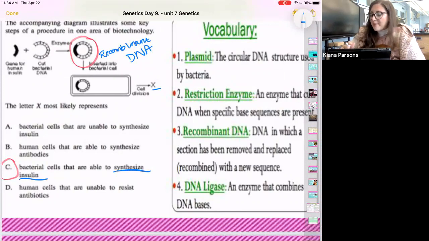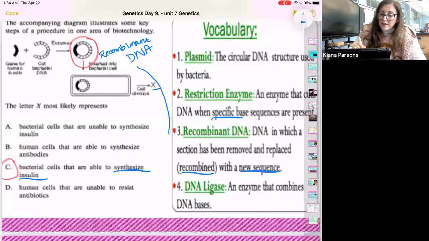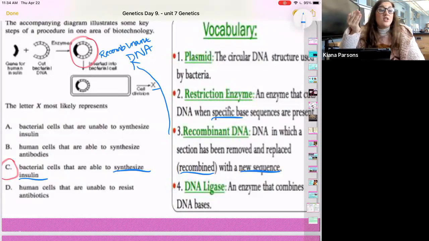A restriction enzyme is an enzyme that cuts DNA when specific base sequences are present. So it is specific. The recombinant DNA is the product. This is the DNA in which a section has been removed and replaced or recombined with a new sequence. So our example is here, where the bacterial DNA now has the genes to produce insulin, and DNA ligase, which is an enzyme that combines DNA bases.